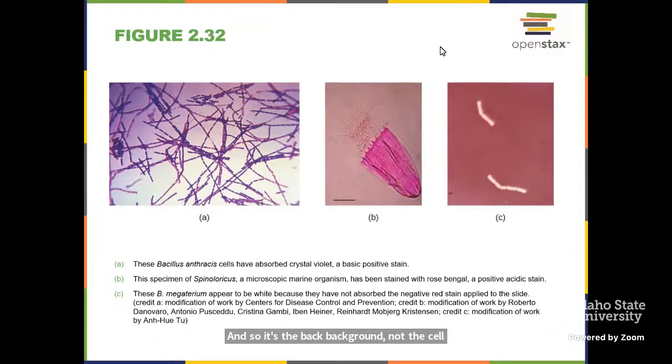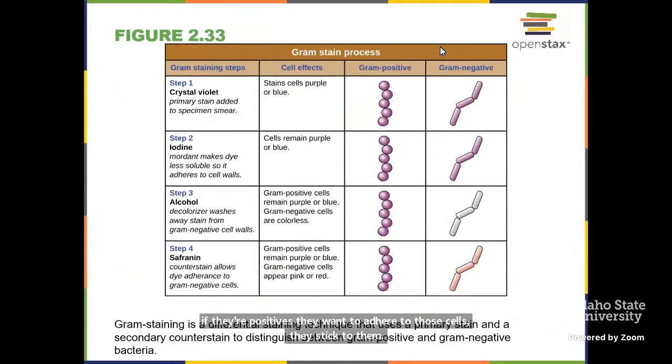Kind of making it seem almost like the dark field image, but it's not a dark field image, right? And then this one, another positive acidic stain, basic or acidic, but if they're positives, they want to adhere to those cells, they stick to them. And if it's negative, it's the opposite, right? And is repelled. So this is the gram staining procedure.